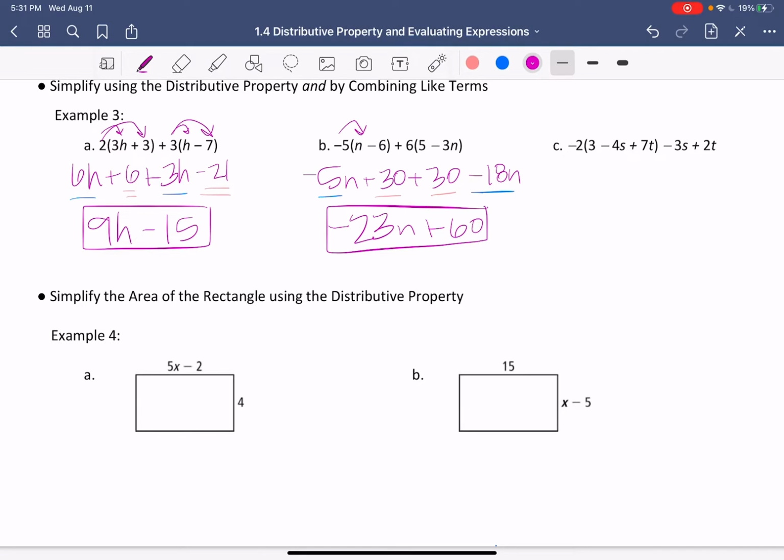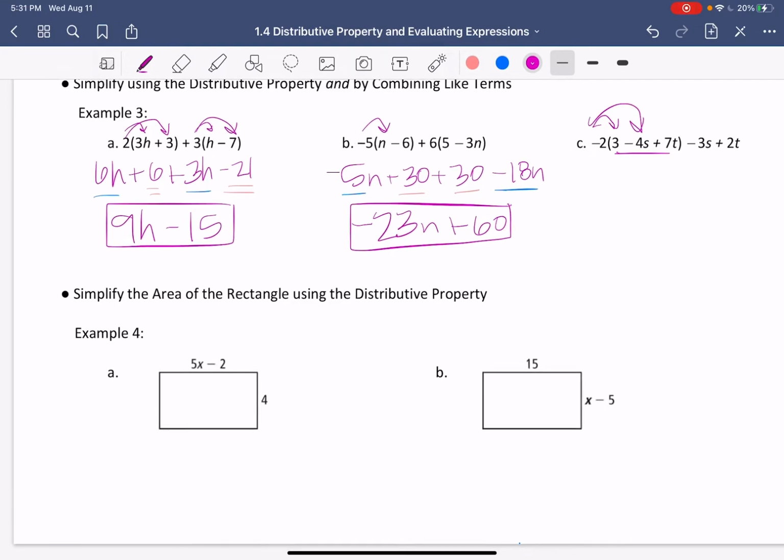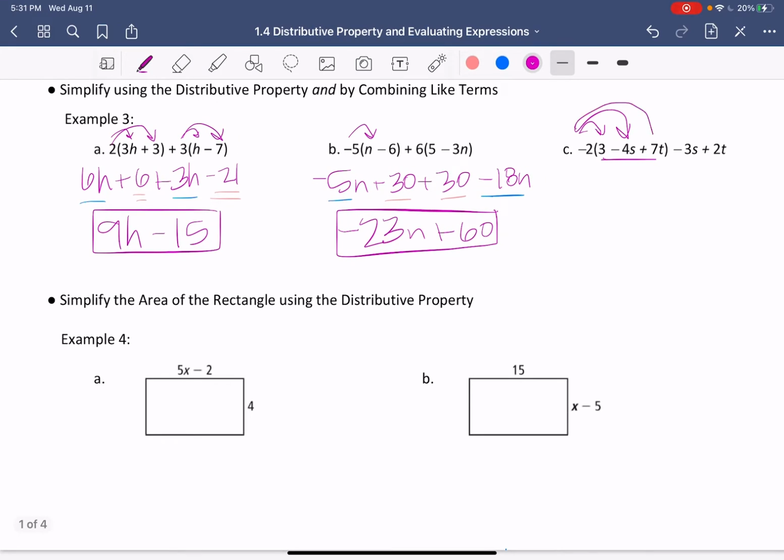All right, let's look at our last example, example C. Okay, don't let the fact that this has 3 terms throw you off. We're just going to still take it to each one. All right, so negative 2 times 3 gives us negative 6.